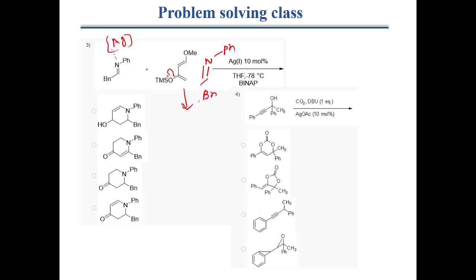This oxygen lone pair will go this way, it will react and then stabilize here. So this is basically a 4+2 cyclization reaction.